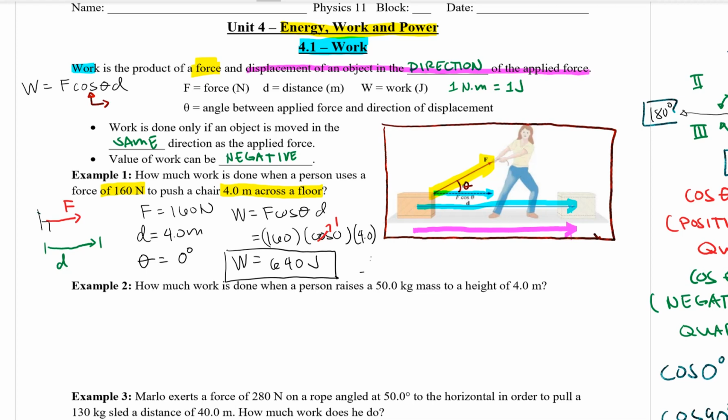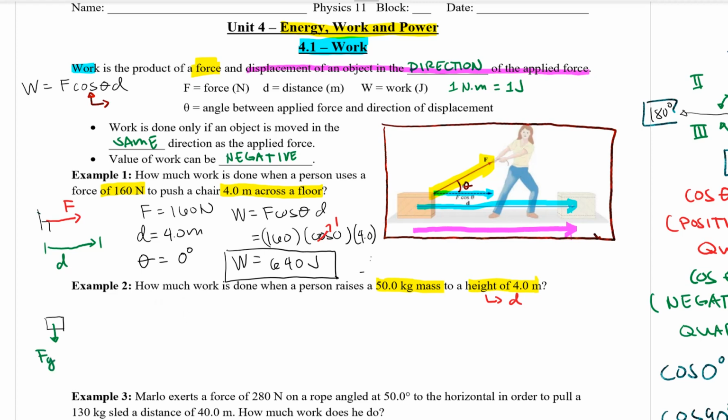How much work is done when a person raises a 50 kilogram mass to a height of 4 meters? You can think of this as your vertical distance D. If you look closely at this problem, remember that an object is subjected to the force of gravity.